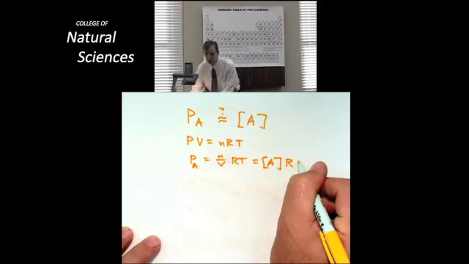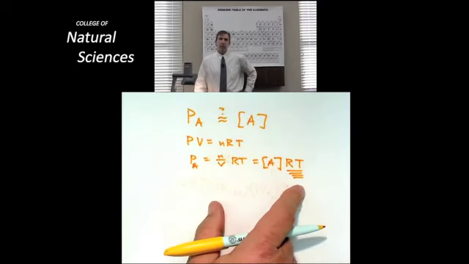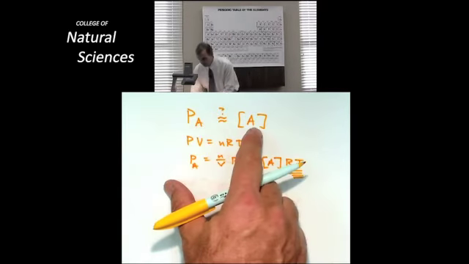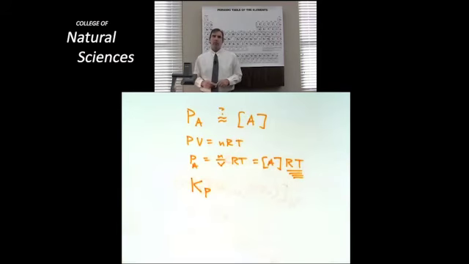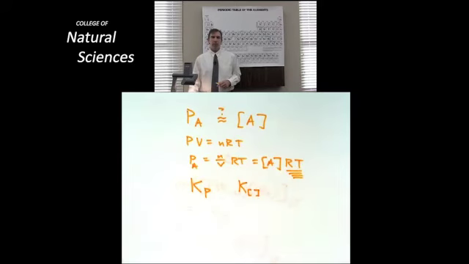So the answer to the question, is there a simple relationship between the pressures and the concentrations, and specifically the pressures written into equilibrium constants and the concentrations associated with equilibrium constants?